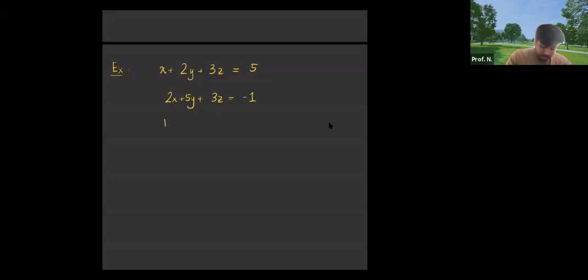And x plus 0y, or I'm just going to write x plus 8z equals 2. Was it 5? No, it was 8. So this is a 3 by 3 system, right? And I want to solve for x, y, and z.